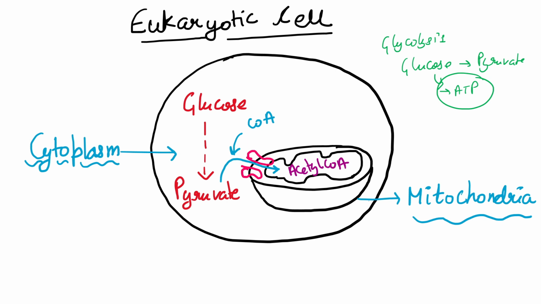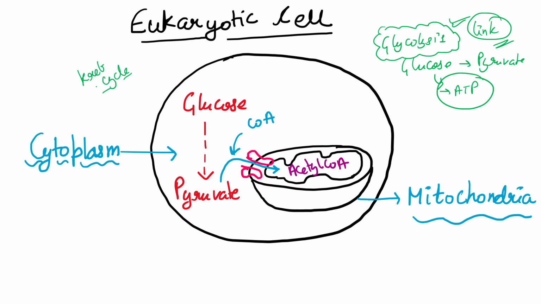I have already uploaded the video on glycolysis. I will be providing the link in the description, so you can see that video if you haven't watched it. So in today's video we are going to learn about the Krebs cycle.